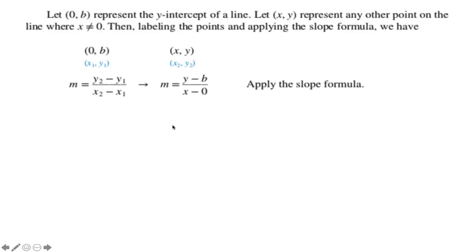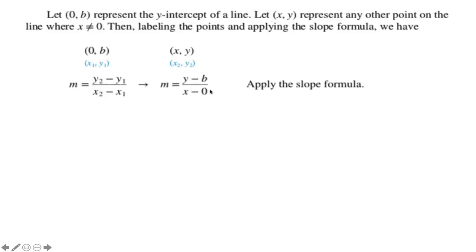Then given any other point on the line, x comma y, we can use this point and also the y-intercept to define our slope. So y2 is y, y1 is b, and then x2 is x, x1 is 0.